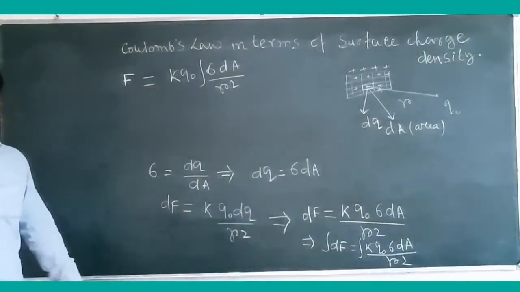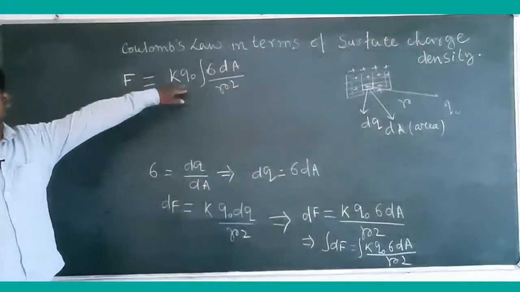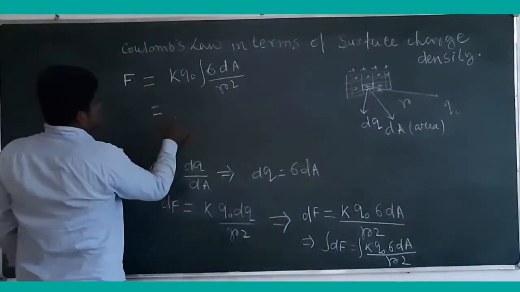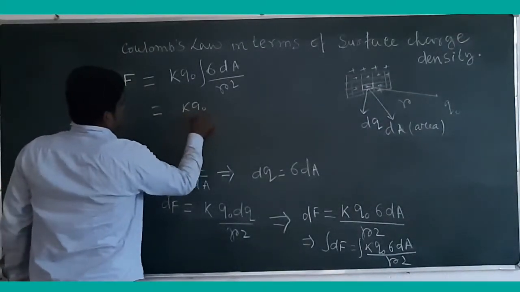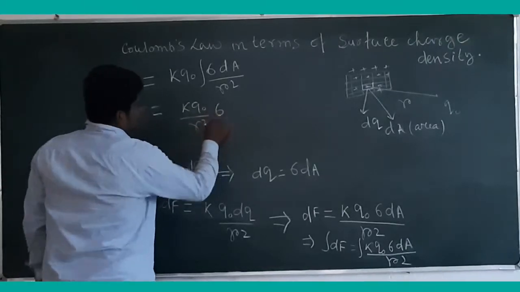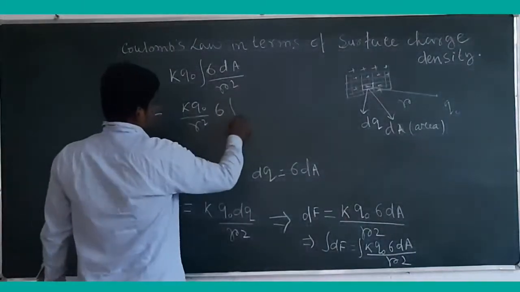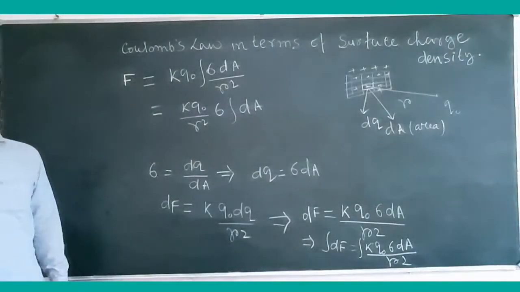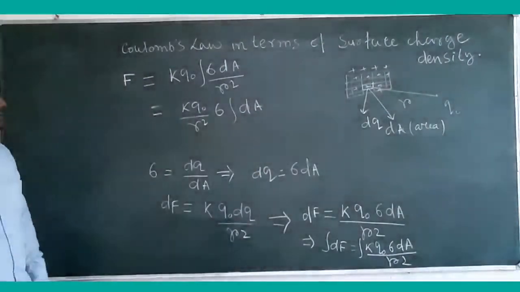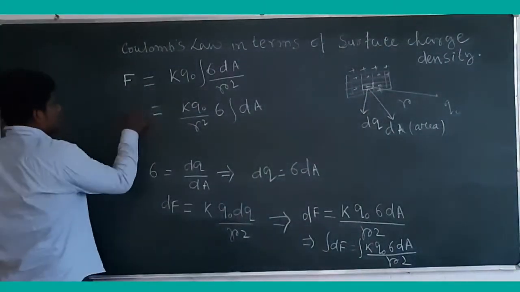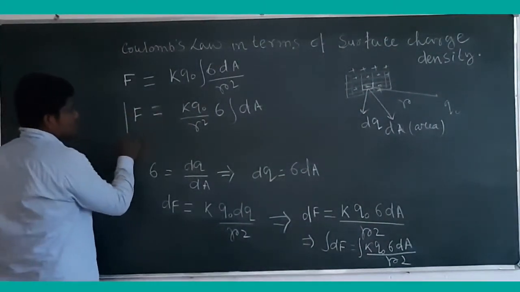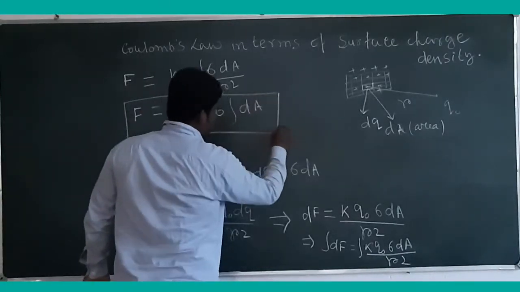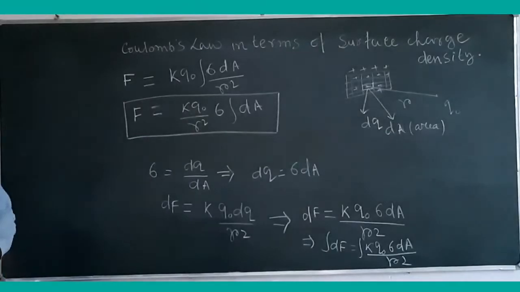R can also be taken as constant, so you can write K Q0 by r square sigma dA, and as a whole K Q0 by r square and sigma are also constants. This can be written as dA. So this is the expression of Coulomb's law in terms of surface density of charge.